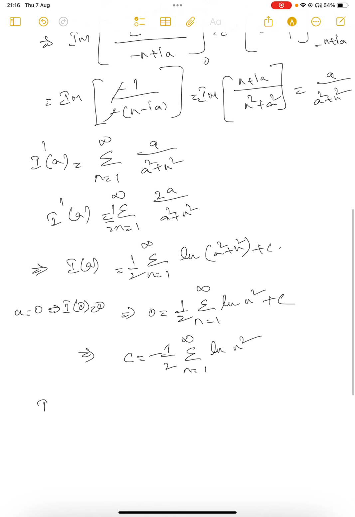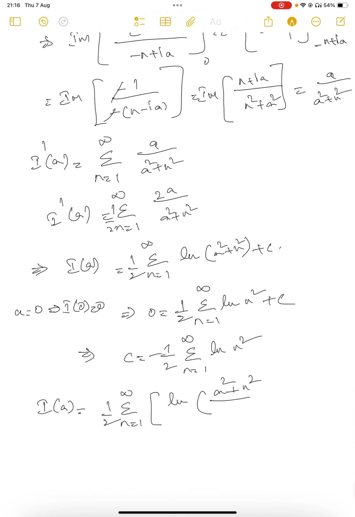That is I of a equal to half summation n equal to 1 to infinity, with half common, ln of (a square plus n square) minus ln of n square.